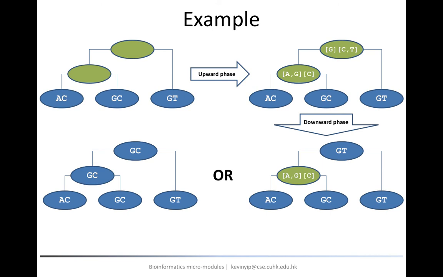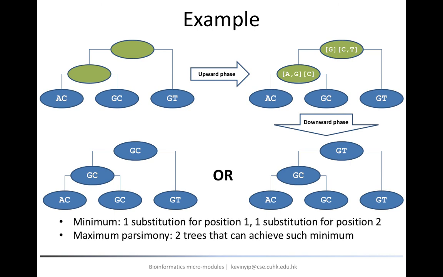If the root picks T at the second site, it happens that its left child still picks the same nucleotides at the 2 sites based on the majority vote rule. In summary, there are 2 solutions, each of which involves 1 mutation at site 1 and 1 mutation at site 2.